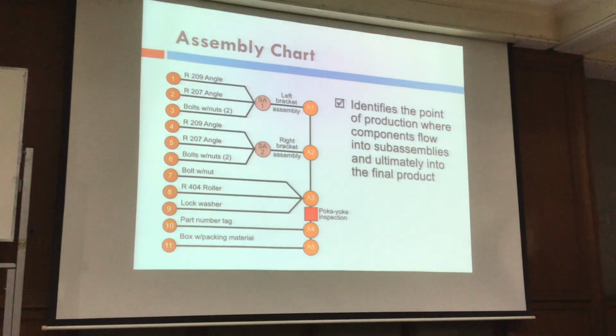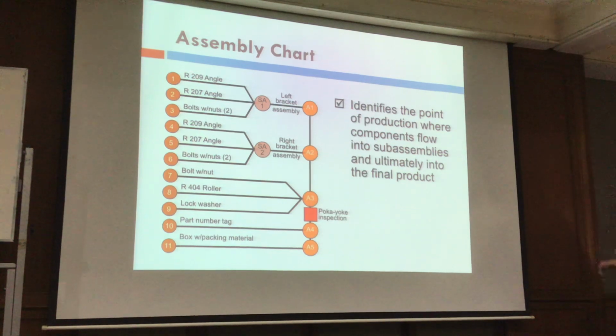So this is the assembly chart. It's more abstract than the assembly drawing because it shows just a diagram. But you can understand which parts we need to connect together, and then what we do next for sub-assembly 1 and 2, and how we assemble them into the final product.